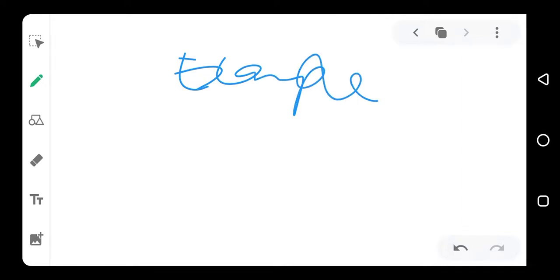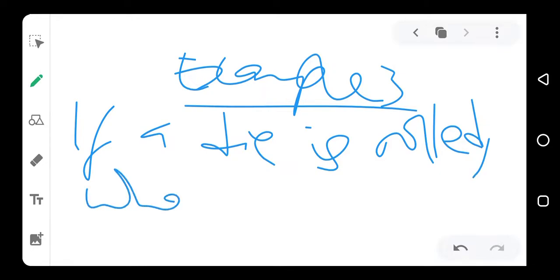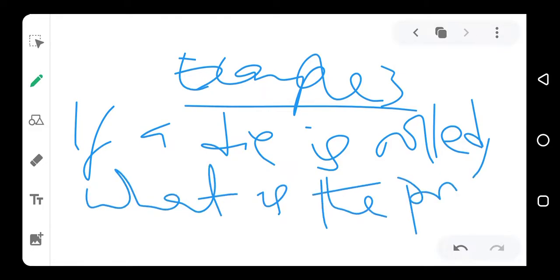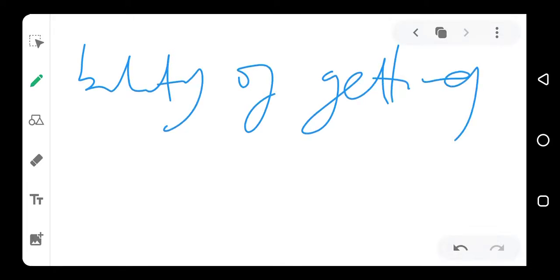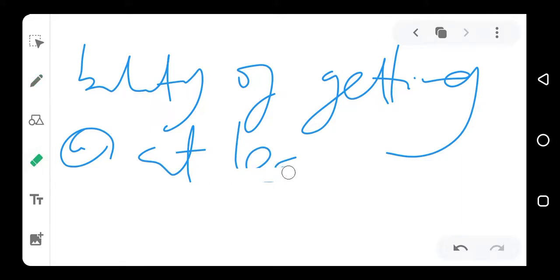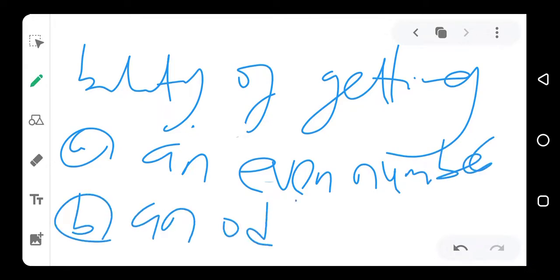Now, example 3. If a die is rolled, what is the probability of getting A, an even number, and B, an odd number?